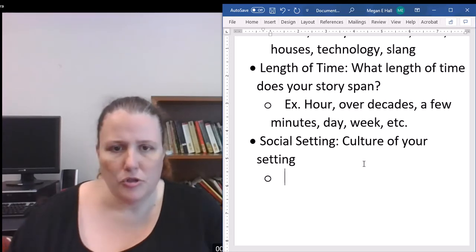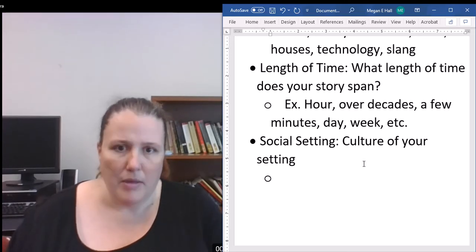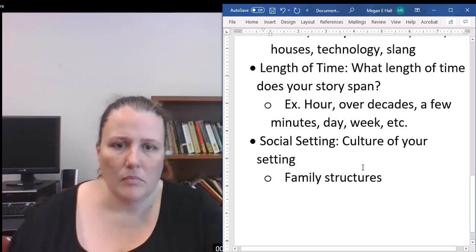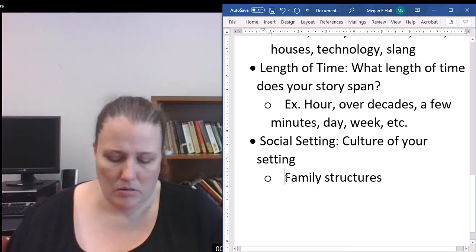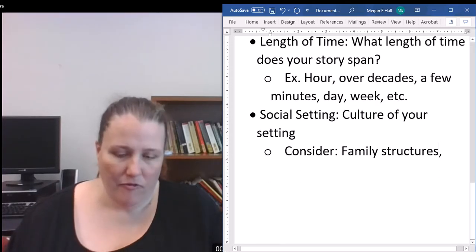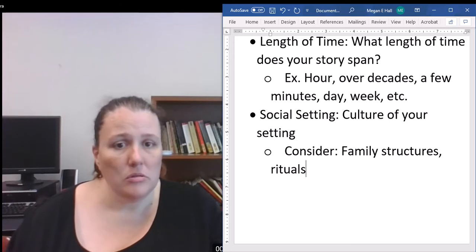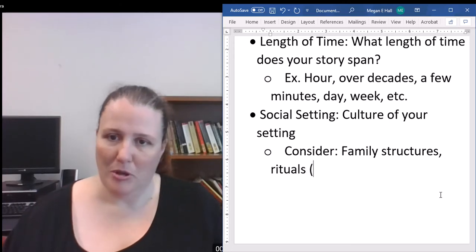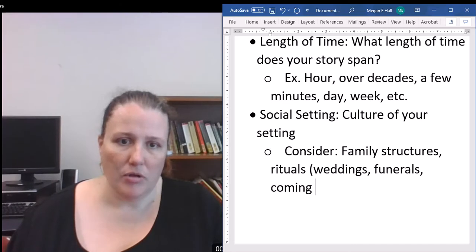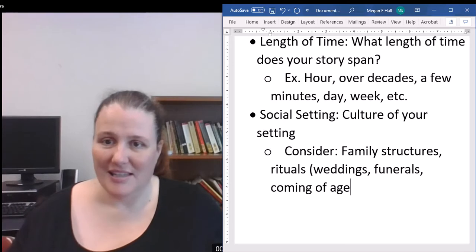this socio-cultural environment. So some things that you can take into consideration, I mentioned before, family structures. Consider, and then we'll list some family structures, rituals. That sounds creepy, but it's not. What I mean are, what do weddings look like, funerals, are there coming of age kind of ceremonies, sweet 16 parties, quinceañeras, right?